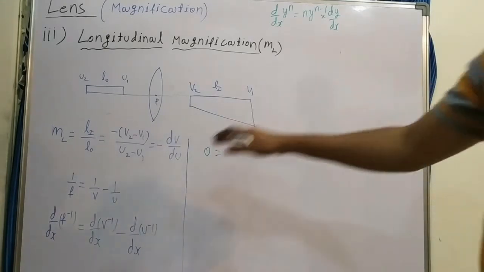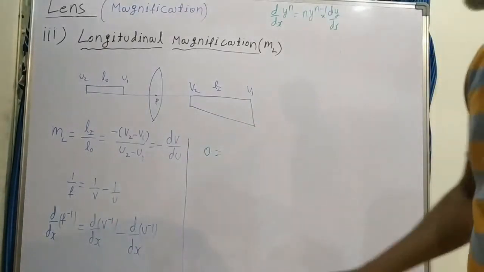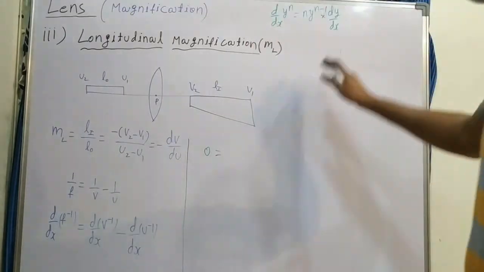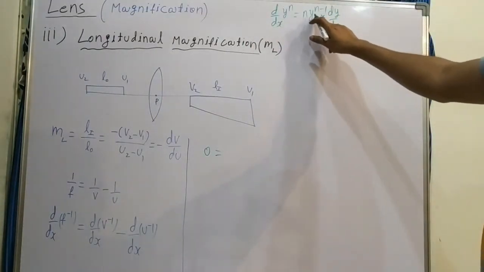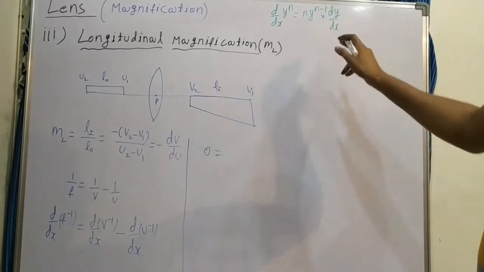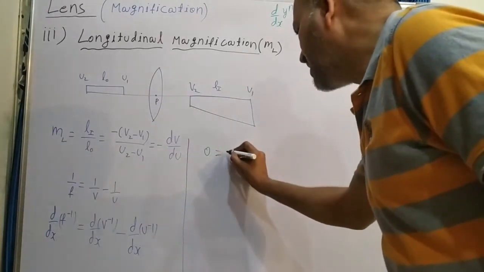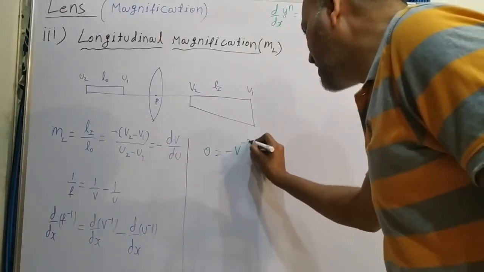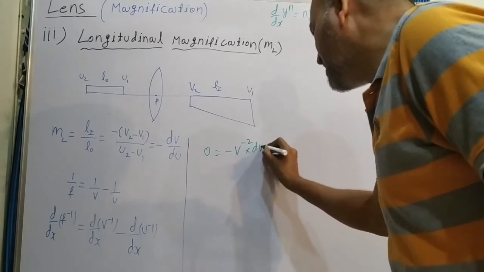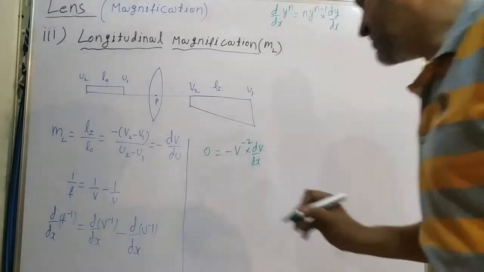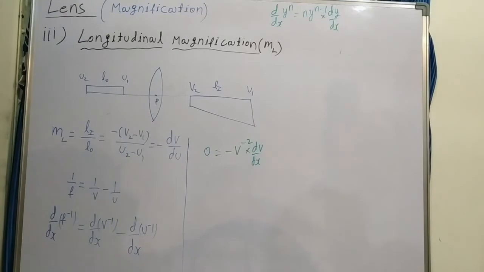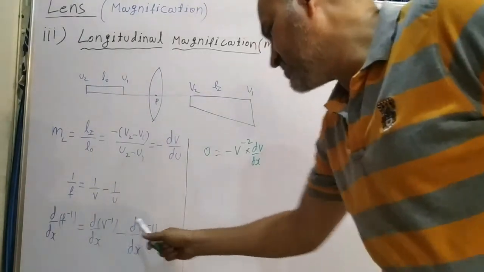So the constant differentiates to 0. Here v power minus 1 is there. In place of n, what you have is minus 1. So minus 1 into v power minus 2 into dv by dx. Again for this, a minus is there.